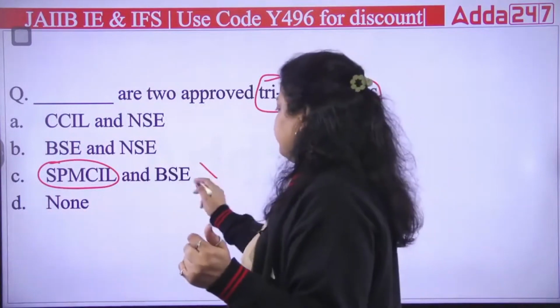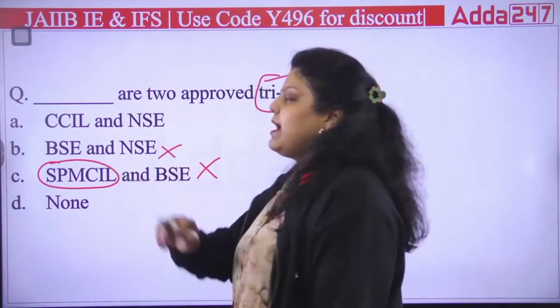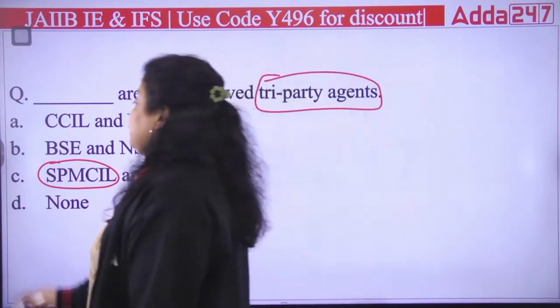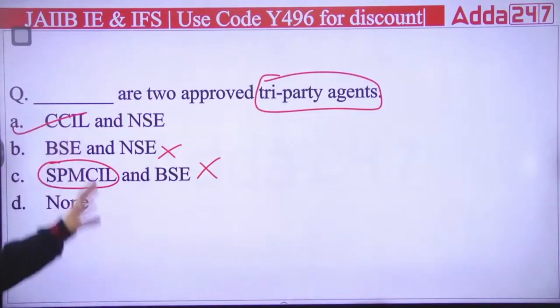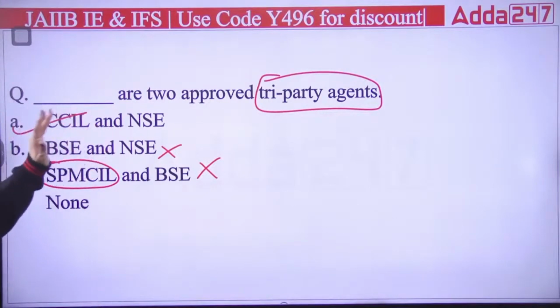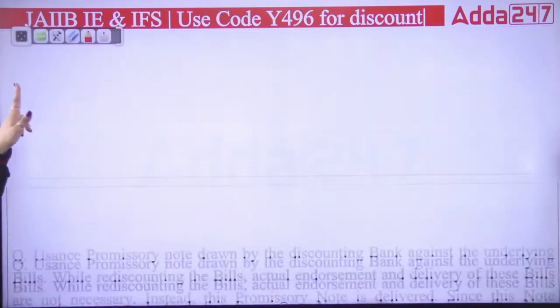So it is not true. Bombay Stock Exchange and National Stock Exchange, both are not the tri-party agents. And the right answer is Clearing Corporation of India Limited. That's a clearing corporation of the Government of India, and National Stock Exchange. These are the 2 approved tri-party agents. So your right answer will be A option. Okay, right answer is A.